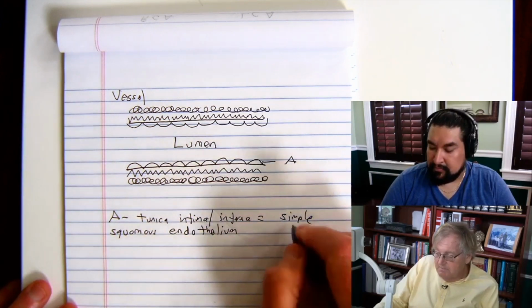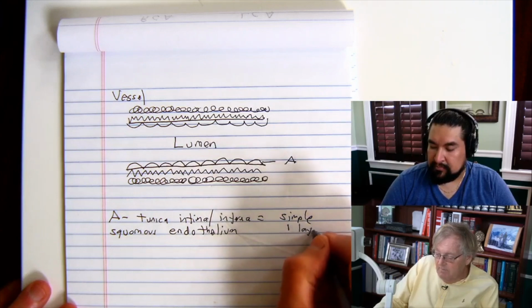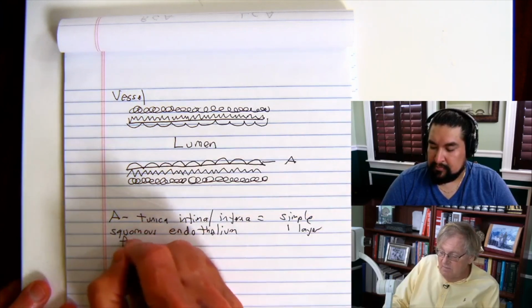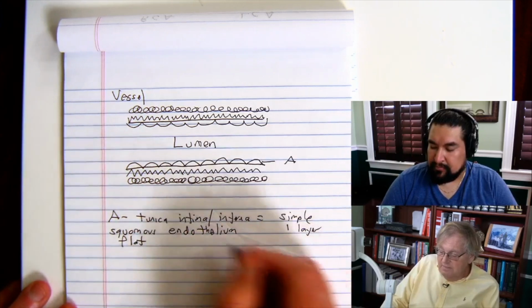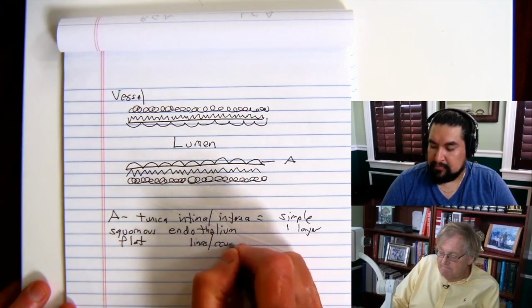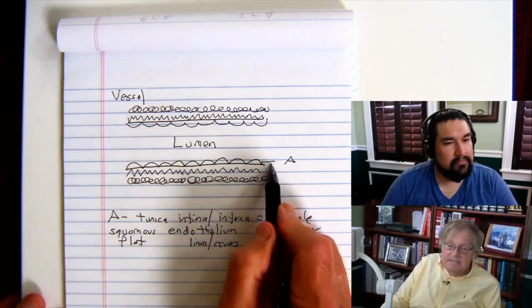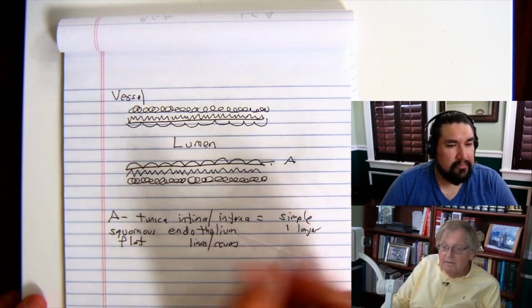So remember, simple, one layer, squamous, flat cell, endothelium, lines or covers. So that's my inside lining, just one layer.